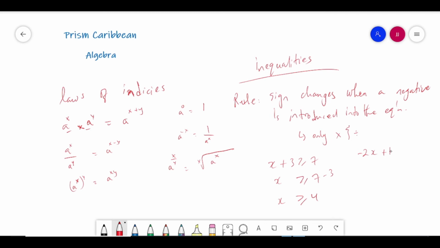Let me switch up the signs a little bit. So let's say we have 2x minus 5 is more than or equal to 15. Carrying the negative 5 over, or transposing it, will give us 15 plus 5, which is 20. Now we divide both sides by 2, and we will have x is more than or equal to 10.